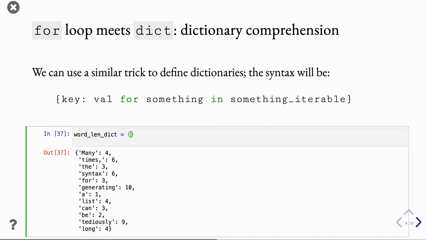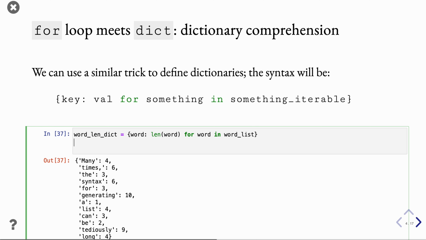We can say something like word, which in this case will be the key of the dictionary, colon, len(word), which will be the value of every element in the dictionary, for word in word_list. So in one line we have defined a dictionary and filled it via this loop operation.